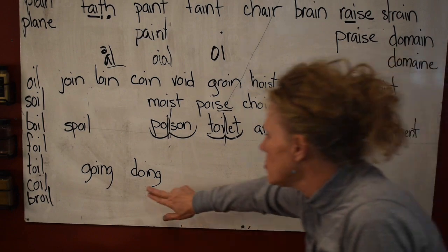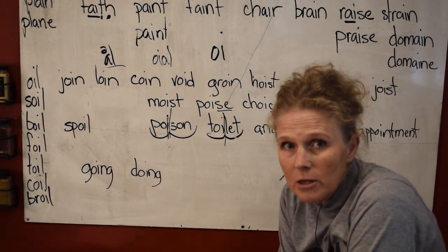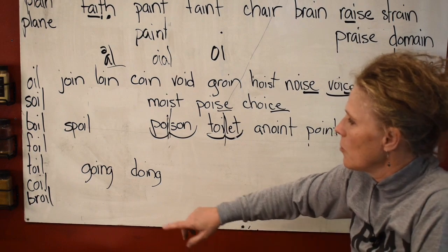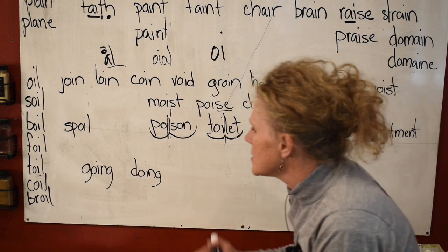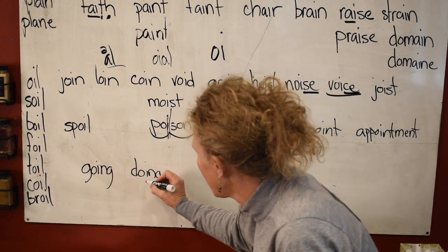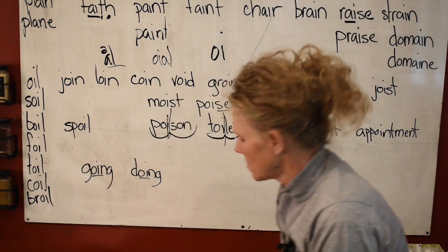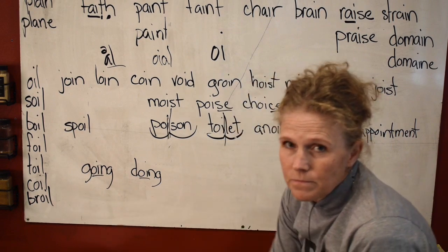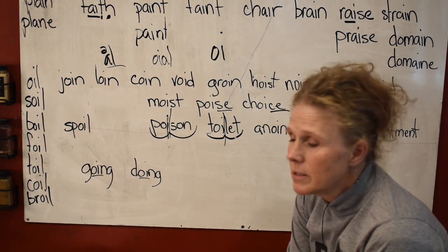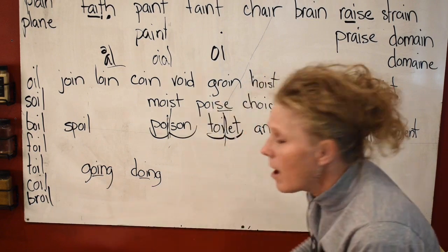So, but these two words right here can be confusing. Look at these. What does this say? Going. Going and doing. So these aren't saying the oi sound. Why? Because they're not vowel teams. The I is part of the ing. Exactly, these are not vowel teams.